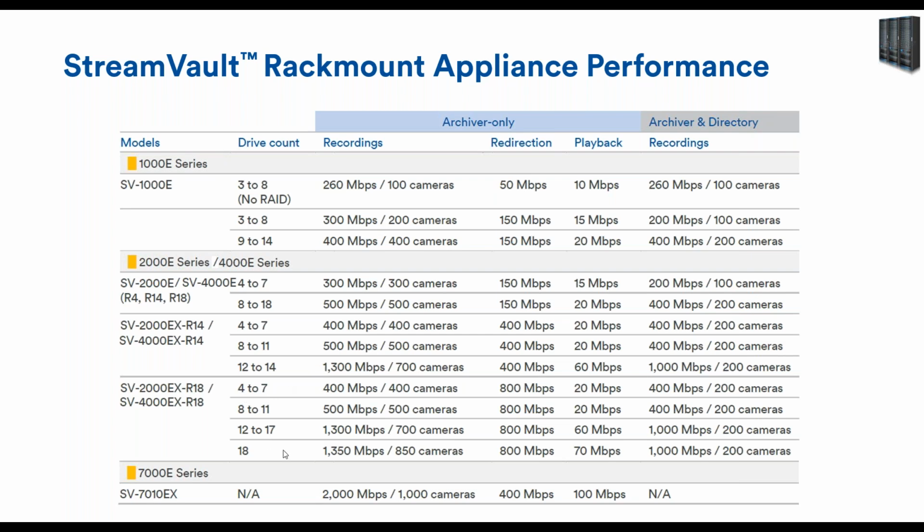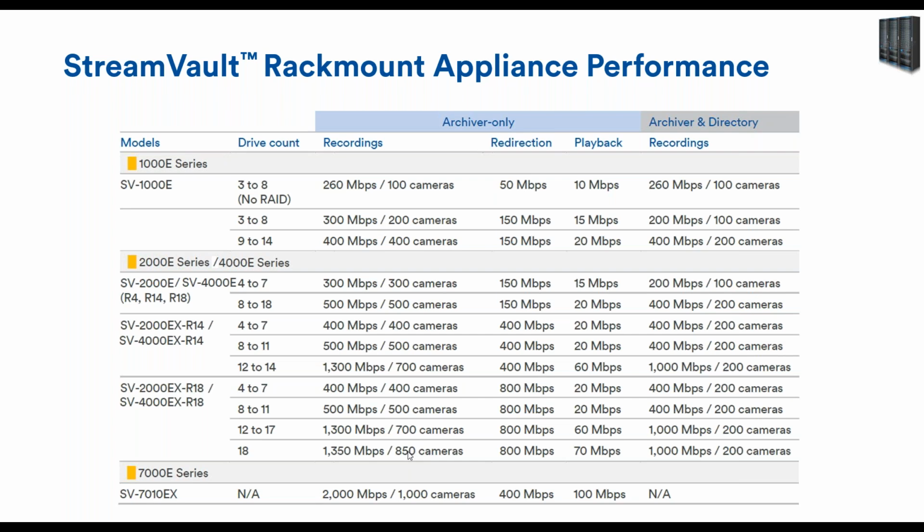When we're saying here that we can do 1.3 gigabit per second or 850 cameras, the reason we're putting the 850 cameras is if you have lower stream cameras, you cannot go ahead. Let's say you have multiple cameras that will do 1 megabit per second of stream output. You cannot put 1,000 cameras in the system.